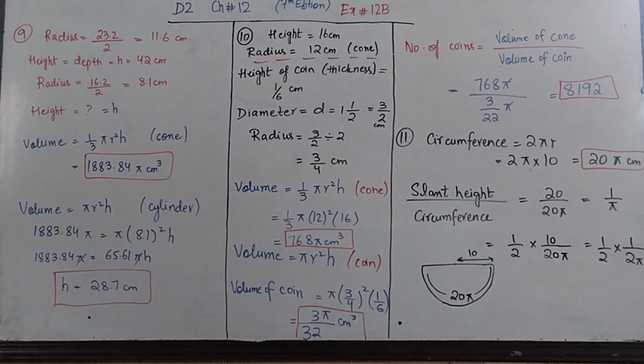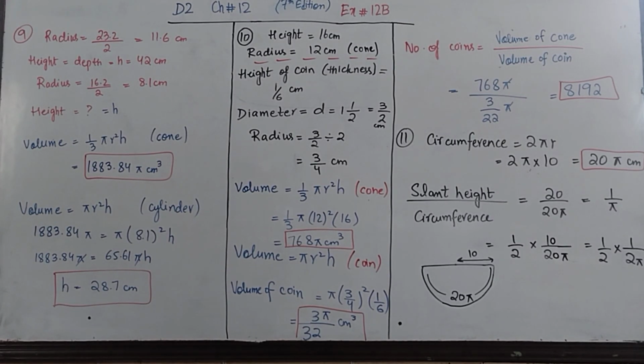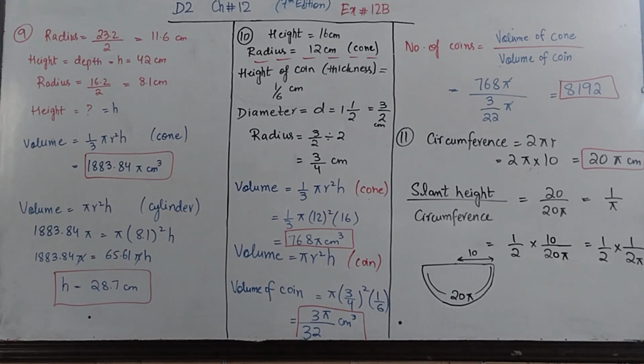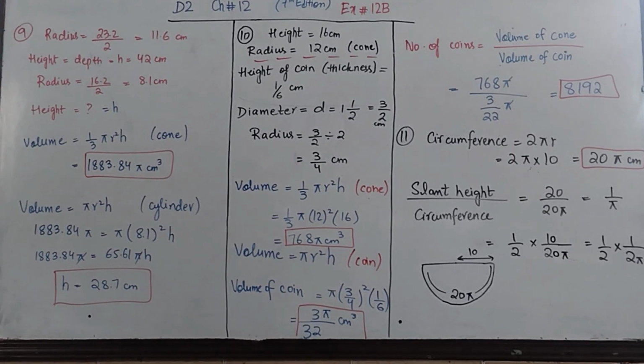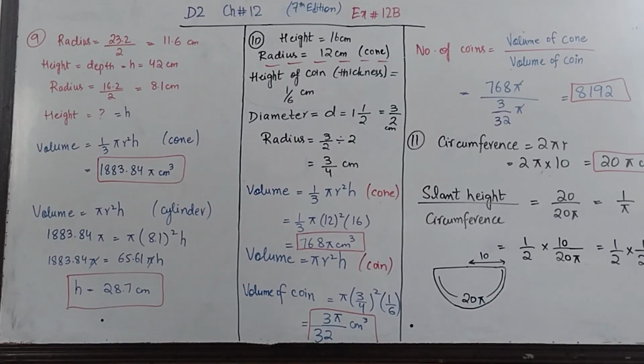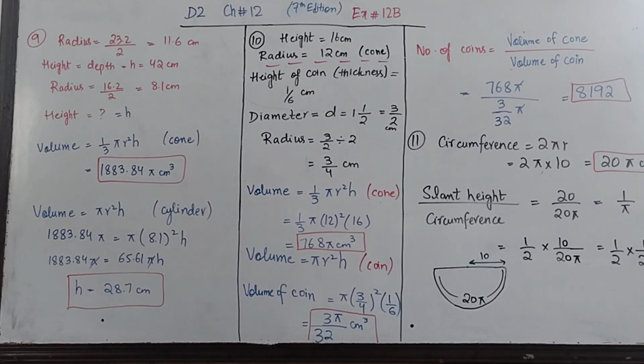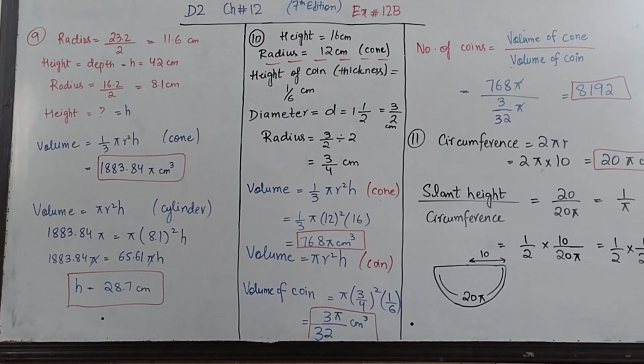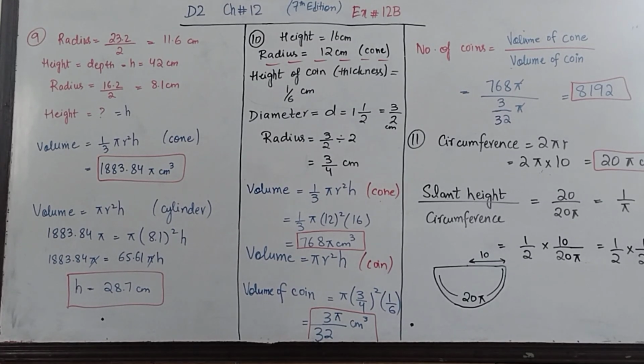Volume of cone is 768 pi over volume of coin is 3/32 pi. When you divide both the values, volume of cone divided by volume of coin, you will get the number of coins. Okay, this is your question number 10 done.